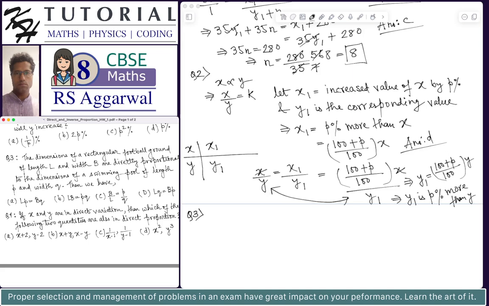Now what does it mean when it says that the dimensions of a rectangular football ground are directly proportional to the dimensions of a swimming pool?